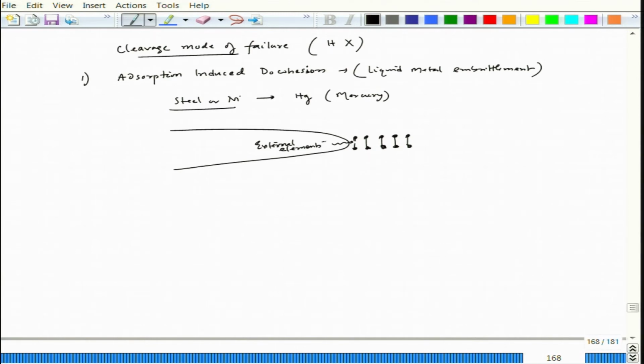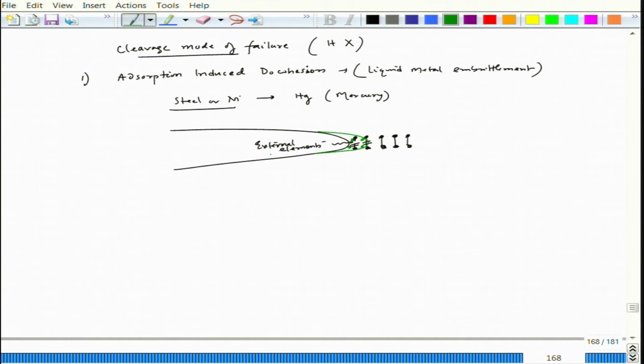So, these bonds are broken due to external elements coming and sitting over there. These green colors are, let us say, external elements, and then the bond breakage happens, and the fracture surface or the crack grows like this.